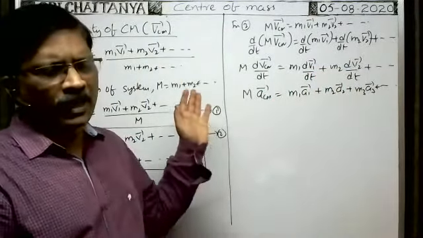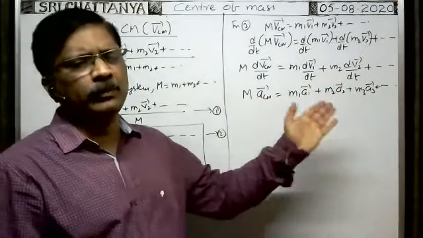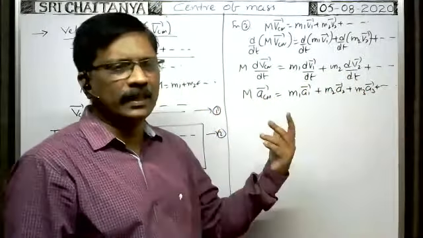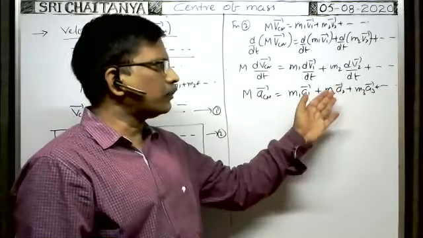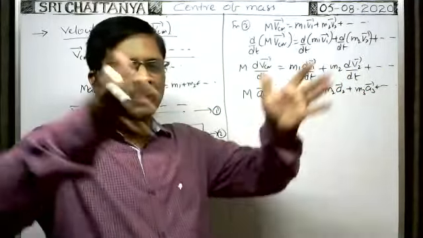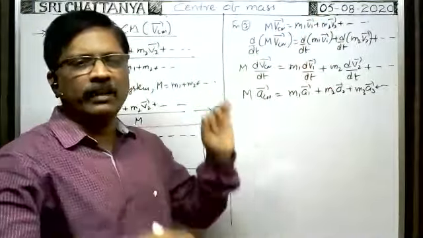If all accelerations are along the same straight line path, maybe along the same direction or opposite direction, in such case we can write directly M ACM is equal to M1A1 plus M2A2 like that. If the accelerations are in different directions, in such case we have to write in vector form.